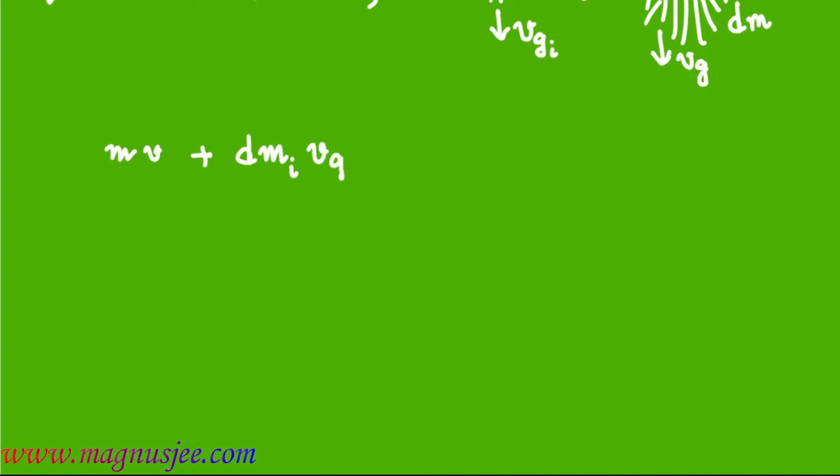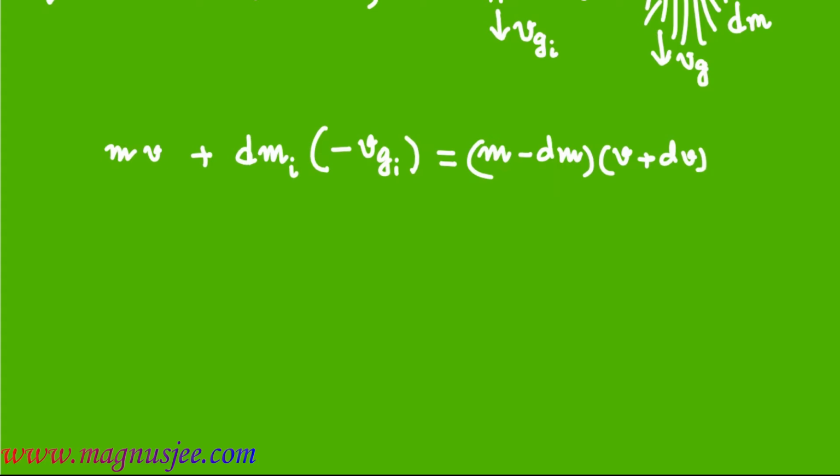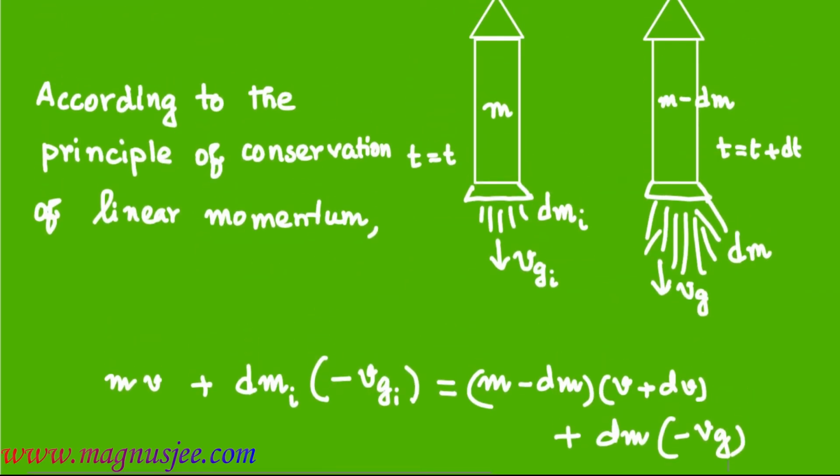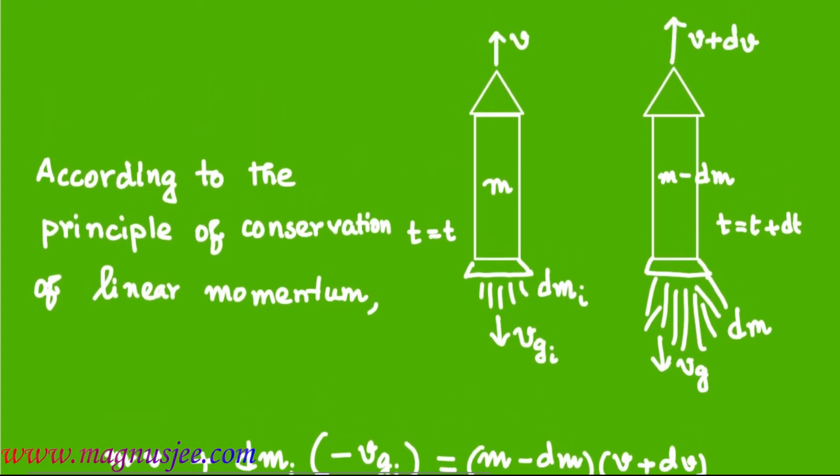So mv plus dmi into minus vgi is equal to m minus dm into v plus dv, plus dm into minus vg. Here mv is the initial linear momentum of the rocket and dmi into minus vgi is the initial linear momentum of the exhaust gases. On the right side, m minus dm into v plus dv is the final linear momentum of the rocket, plus dm into minus vg, which is the final linear momentum of the exhaust gases.